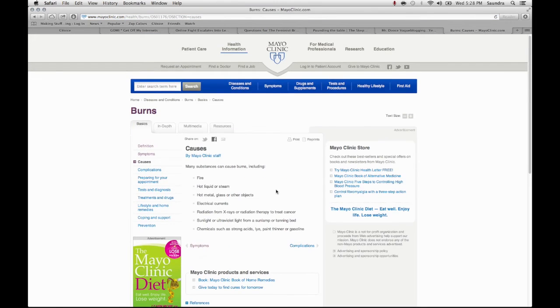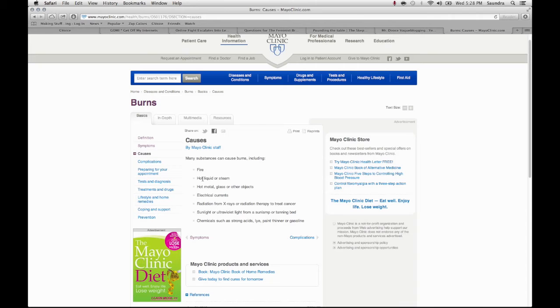There's fire, hot liquid or steam, hot metal, glass, or other objects, electrical currents, radiation from X-rays or radiation therapy to treat cancer, sunlight or what's that word? Ultraviolet. Ultraviolet light from a sun lamp or tanning bed, chemicals such as strong acids, lye, paint thinner, or gasoline.